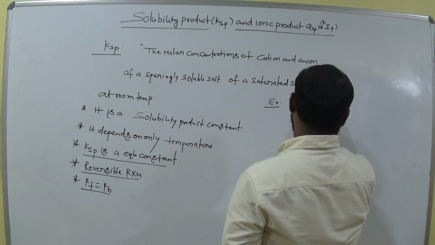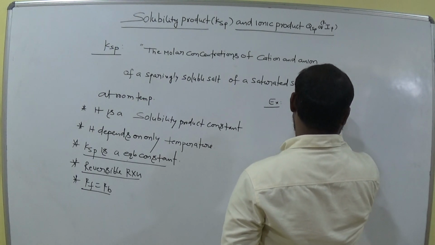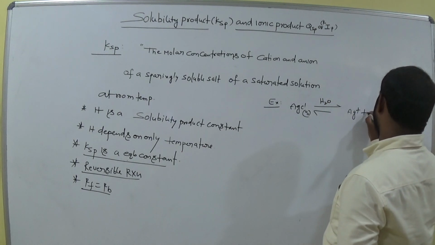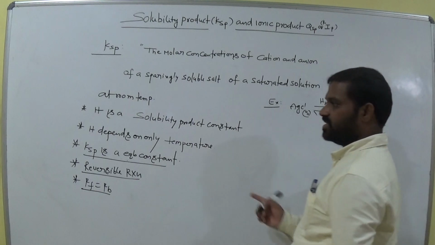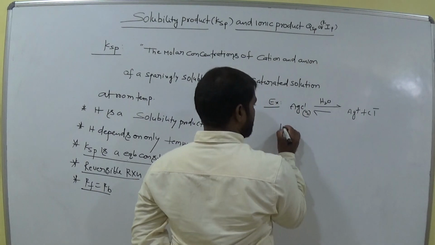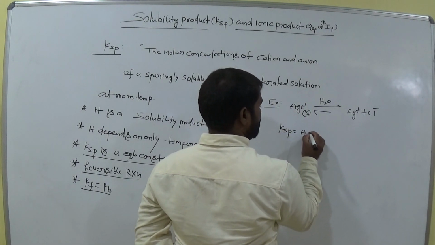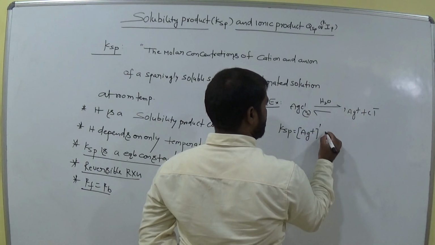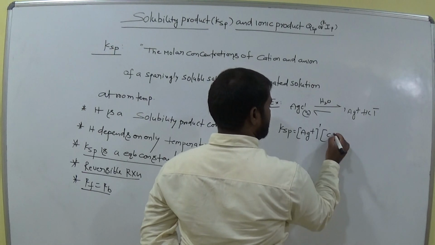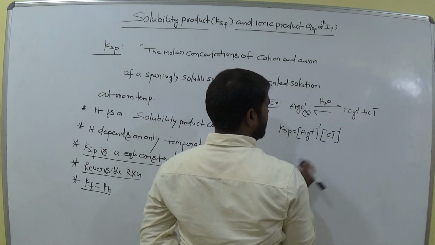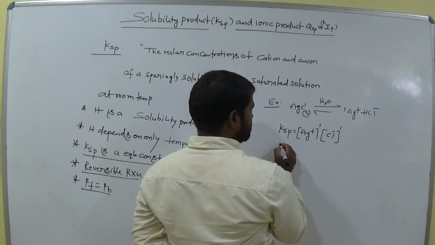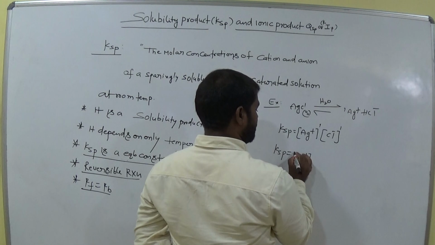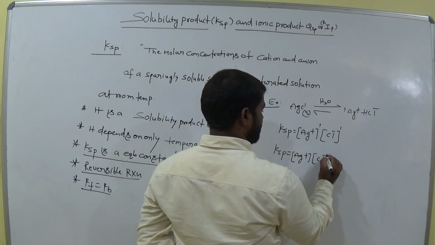Let's see the example. AgCl, which is sparingly soluble in water, what does it give? Ag plus and Cl minus. Write the KSP expression. KSP is equal to Ag plus, what is the coefficient here? 1. What is the coefficient here? 1. Cl minus whole power 1. So finally KSP is equal to Ag plus times Cl minus.